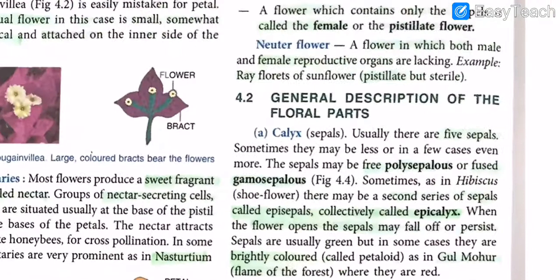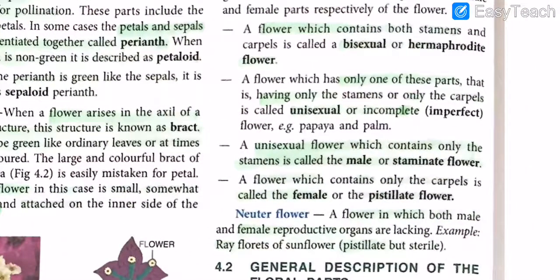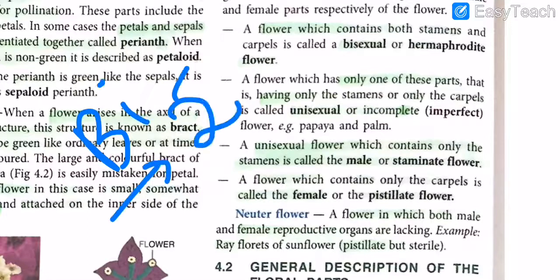These kinds of flowers can undergo self-pollination. Why? Because they have both the stamen and the carpel, the male and the female structures, so it can undergo self-pollination within its own flower, right? So it is called bisexual. Bi meaning two, right?